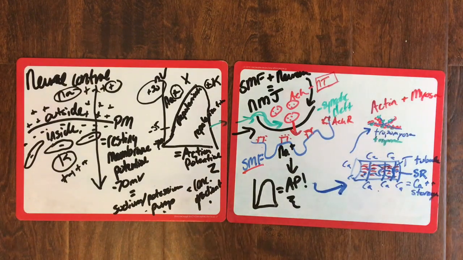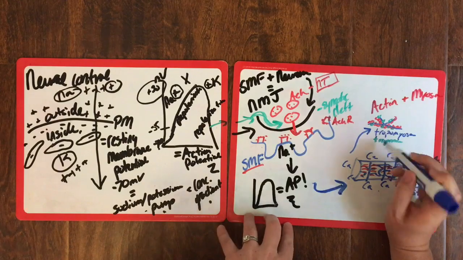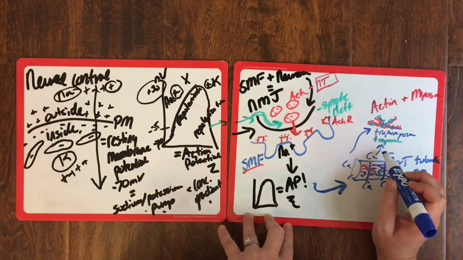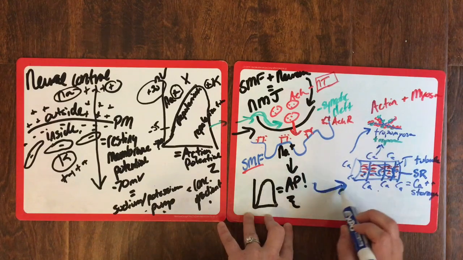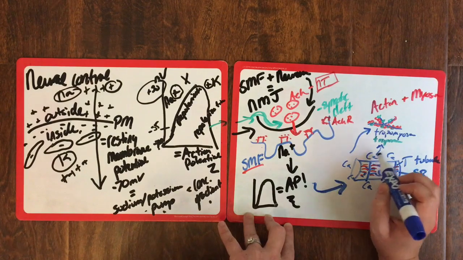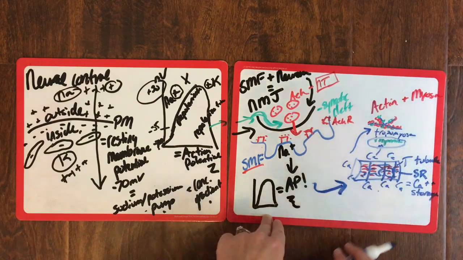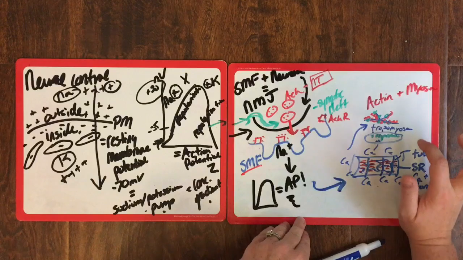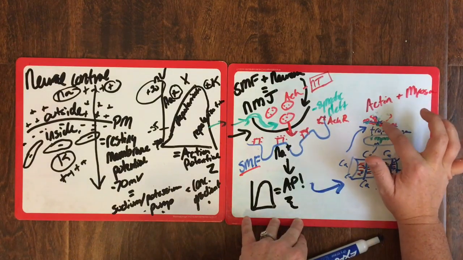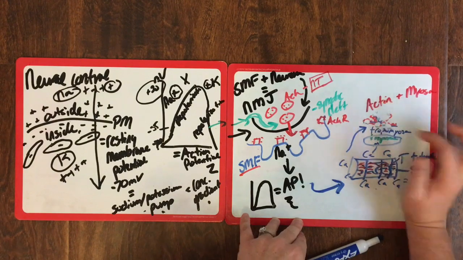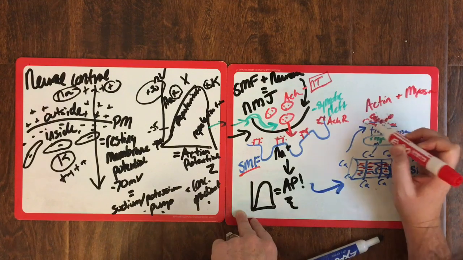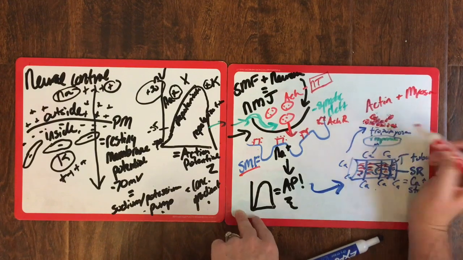So the really special thing about calcium is calcium has a specific attraction for troponin. So when this action potential comes down into the sarcoplasmic reticulum and releases calcium, calcium goes and binds to the troponin. When calcium binds to the troponin, it moves not only troponin, it moves the tropomyosin out of the way. So now all the active sites on actin are open and ready for binding.